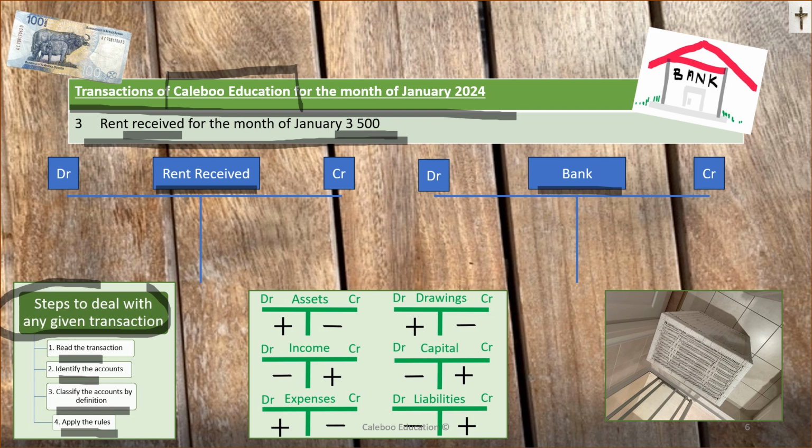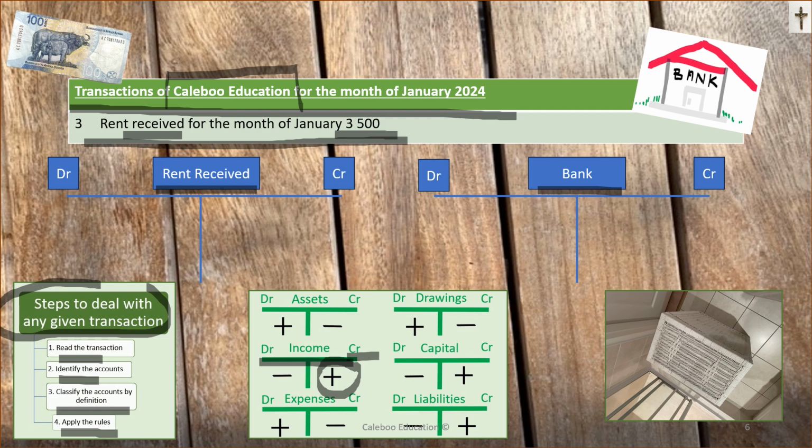What are you going to do with the rent that you receive? It's going to go into your bank account. Now what we need to do is we need to classify these accounts. Rent received, by definition, is income, and rent received has increased, so the account will be credited.